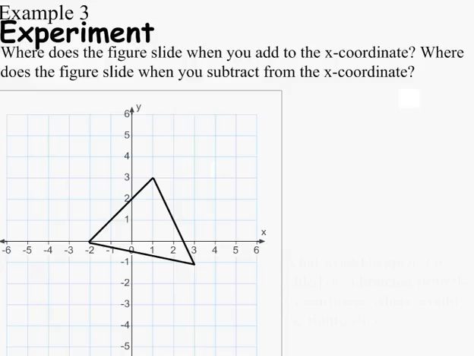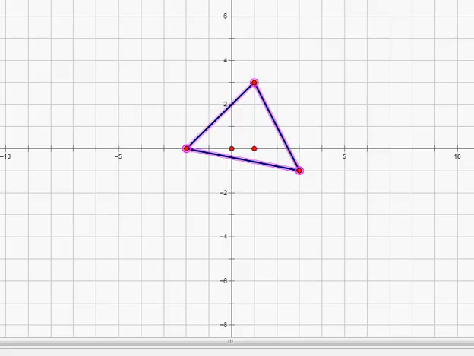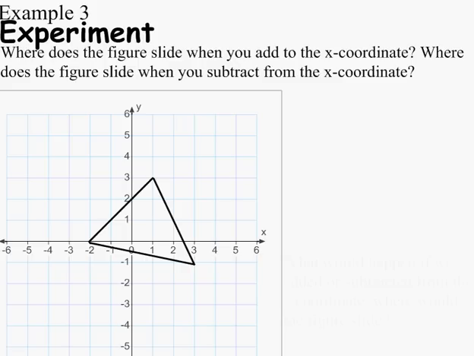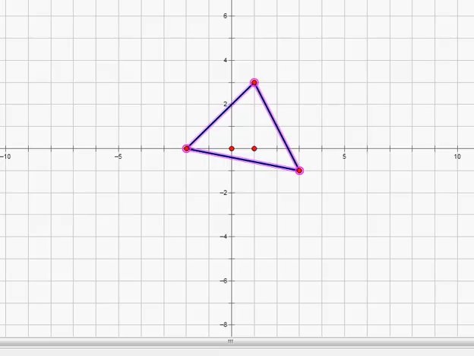Okay, so for our last example, I want to perform a little experiment. We have a figure here that we're given, and it says, where does the figure slide when you add to the x coordinate? Where does the figure slide when you subtract from the x coordinate? I plotted the same exact figure on Geometry Sketchpad so I could perform the experiment.